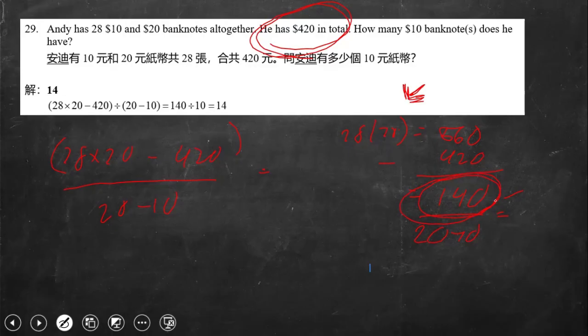That's why we divide 140 by the 20 minus 10. It's going to be 14. This means that from the 28 $20 banknotes, we replace 14 of them with $10 banknotes in order to get the exact value of 420.